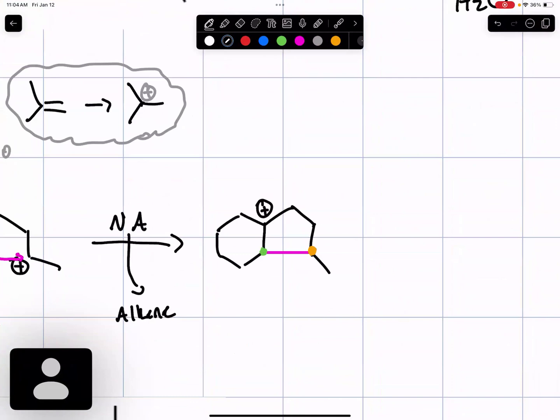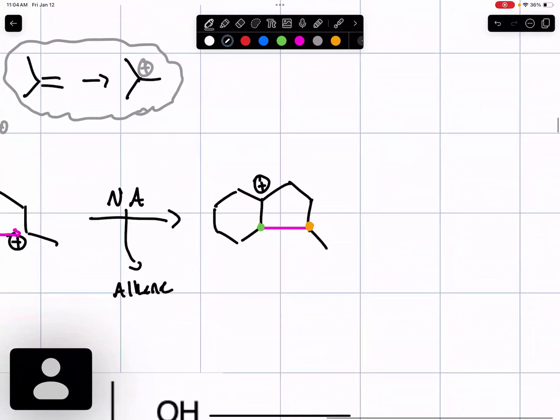So what would you call this step? So you have water. You draw water. So we're doing a proton transfer from that bottom middle carbon to the water molecule. Yes. And then we form a pi bond between the two center carbons.